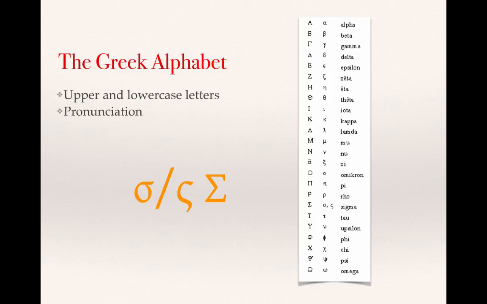Sigma has an S sound like in save, and you'll notice that a sigma has two forms. We'll talk more about that later in the lesson. Tau, which has the T sound in time. Upsilon, which we don't really have a good equivalent in English. It sort of sounds like a U sound. Next is phi, like the PH sound in phone.